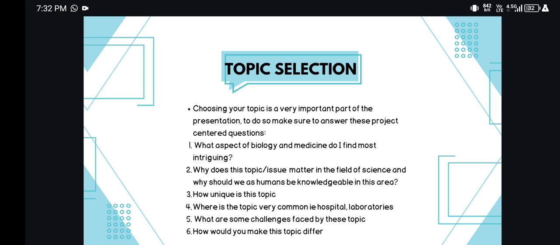Maybe a novel approach to the topic. For skeletal system, you could say we're going to explore how these bones merge together, because we know that babies have more bones, and as they grow, these bones fuse together. So you could do your presentation on the fusion of bones.